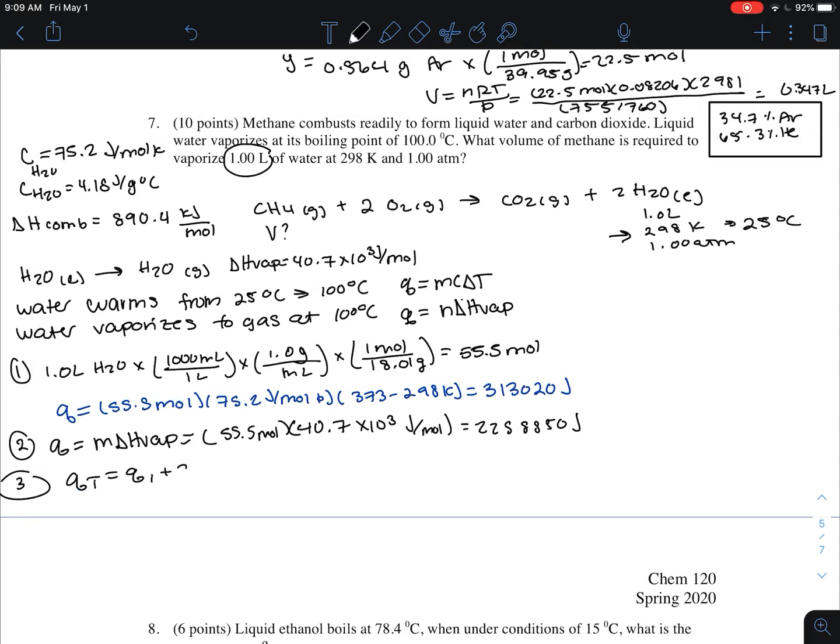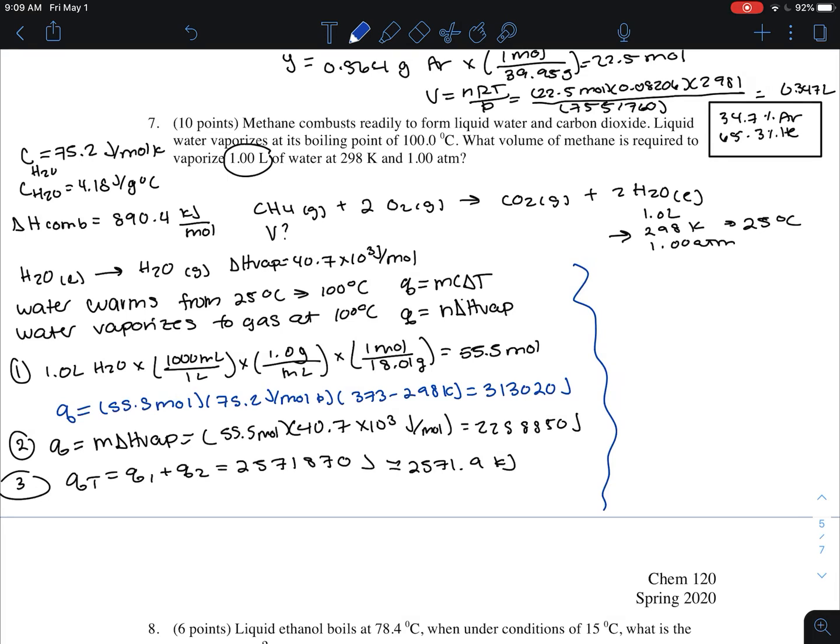So then my total heat from when the water produced from methane combustion boils will be the sum of my two processes, which is equal to 2,571,870 joules, which if you divide by 1,000 gives you 2,571.9 kilojoules.